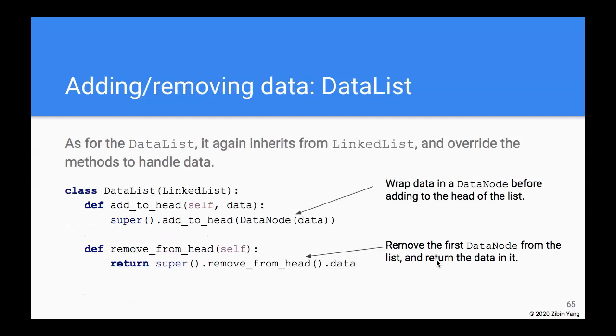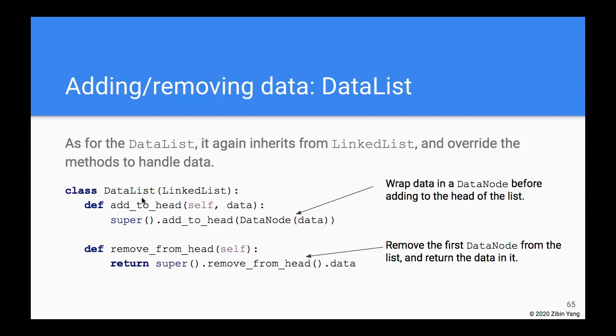The next thing we want to do now that we have a data node is to write a data linked list or data list class that would inherit from linked list. Instead of dealing with nodes, that was the job of the linked list class, but the data linked list would deal with or manage data.